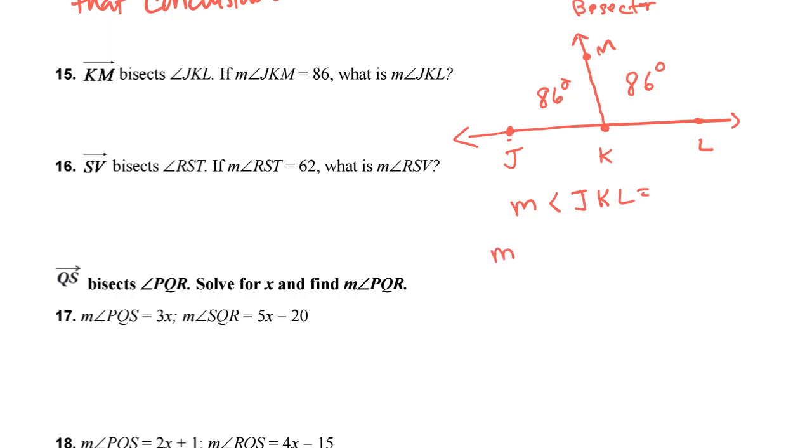So the measurement of angle JKM plus the measurement of angle MKL is going to give you the larger measurement. So you have 86 degrees plus 86 degrees is going to be 172 degrees. So it's not quite a straight angle. It appears to be a straight angle, but it's not quite.